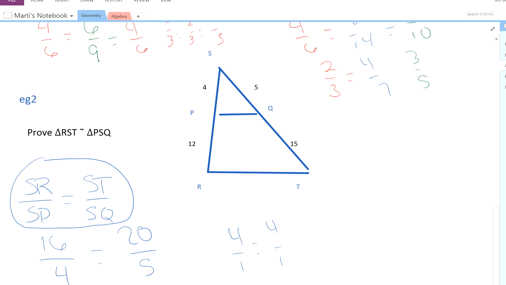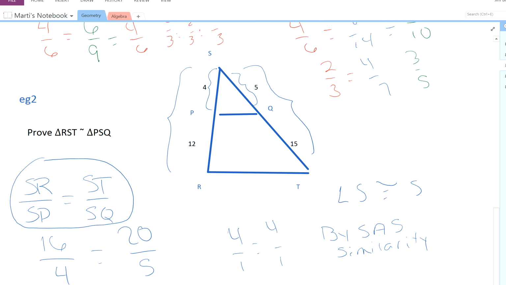Now, to use the SAS, we're going to have to show that the angle between this side and this side and this side and this side are congruent. Well, you obviously see that angle S is congruent to angle S. So by the SAS similarity theorem, we can definitely say that these two triangles are similar.